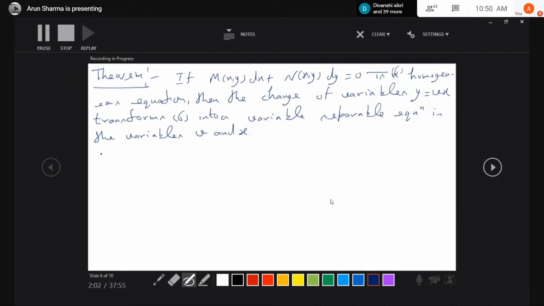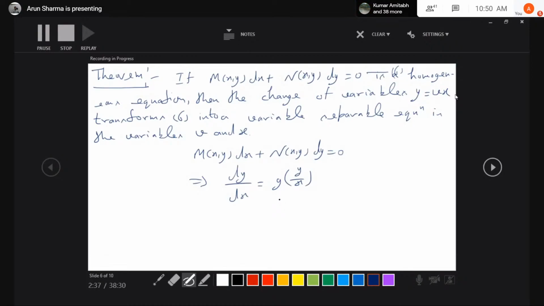So basically this M(x,y) dx plus N(x,y) dy is a homogeneous equation. If it is homogeneous, then we can write this equation in the form dy by dx equals to g of y upon x.